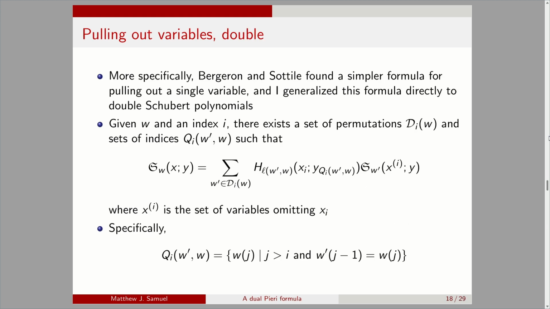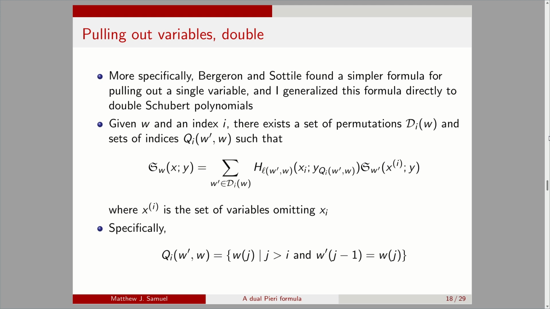So a more specific coproduct was found with a simpler formula for pulling out a single variable, and I generalized this formula directly to double Schubert polynomials.